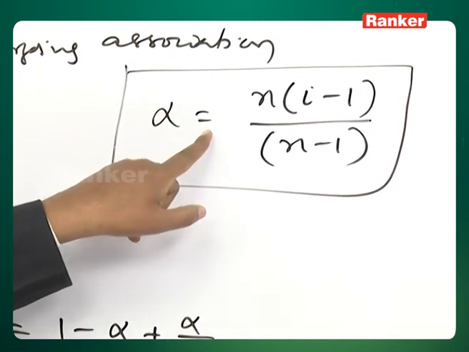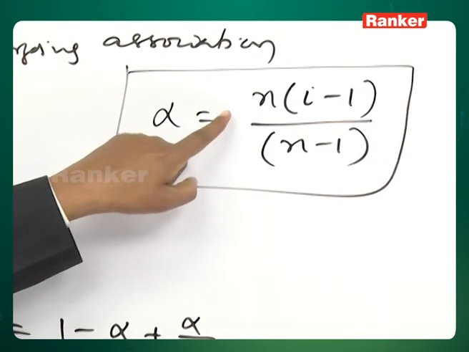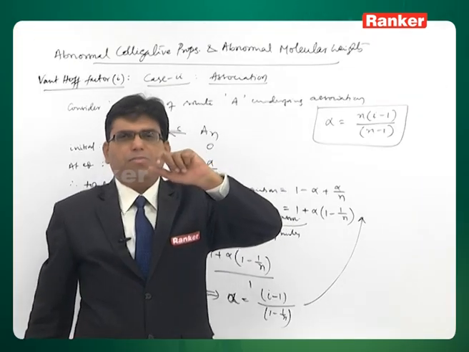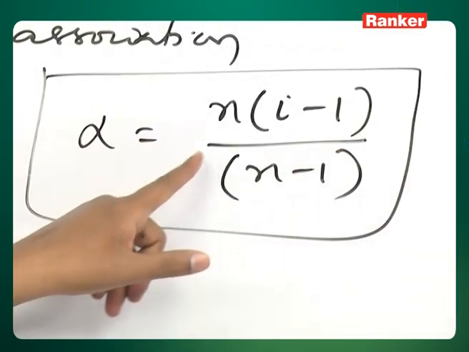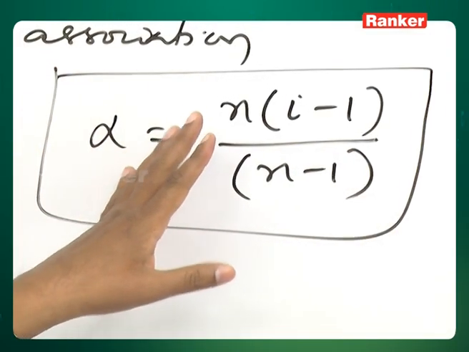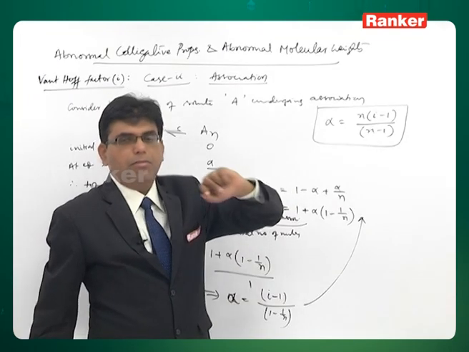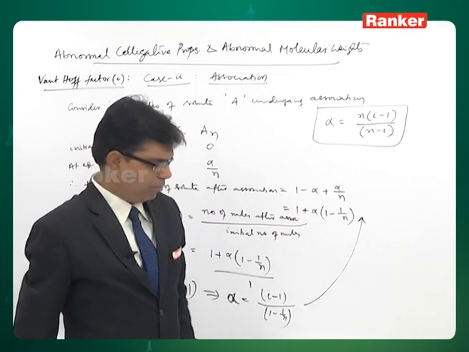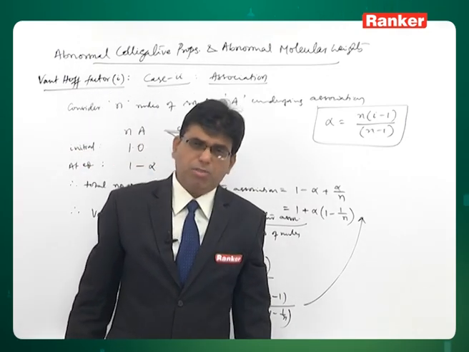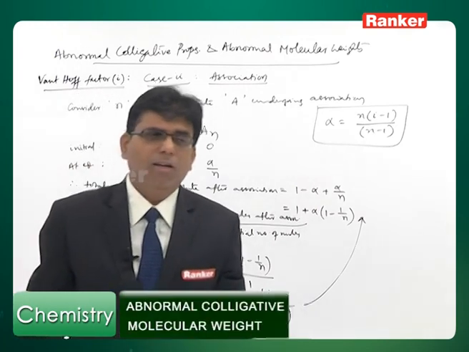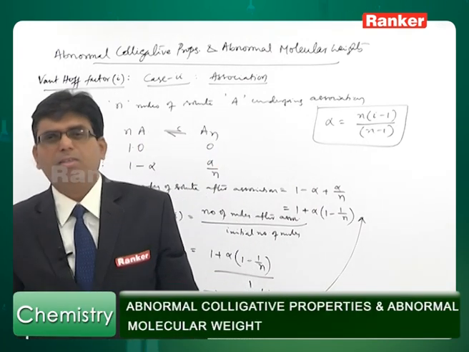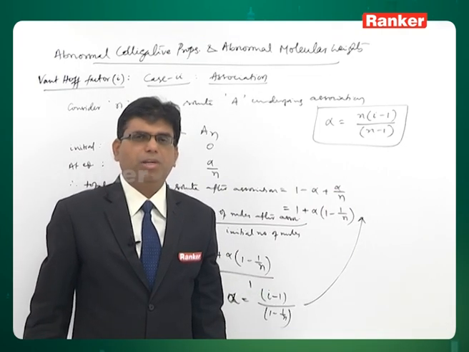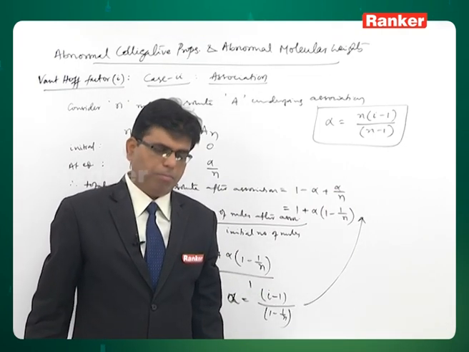In the case of association, alpha, that is the degree of association, is equal to n into (i minus 1) by (n minus 1). So, either in the case of association or dissociation, finally you can determine this alpha like this, or if you know the alpha, you can determine i, from which finally you can have an idea of the colligative property. And once we have an idea of the colligative property, we can determine the actual molecular weight of the solute in solution even after its association and dissociation, right.